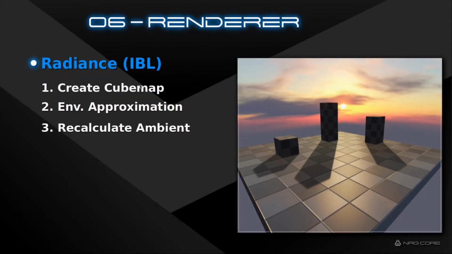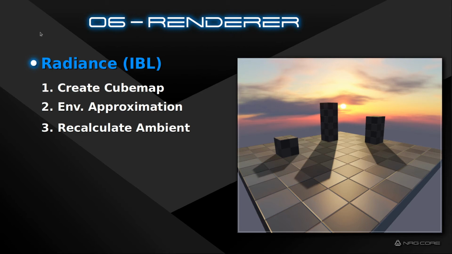With our PBR lighting up and running, we are going to start by implementing radiance to have our image-based lighting up and running. This is basically the final result that we're going to achieve, mixing the existing shadow plus PBR lighting, and our first ambient term that we will calculate will be the specular term, which will be our radiance.